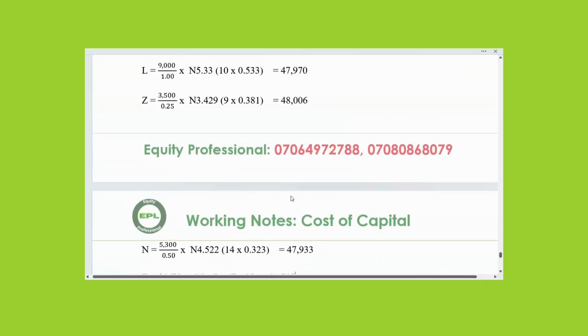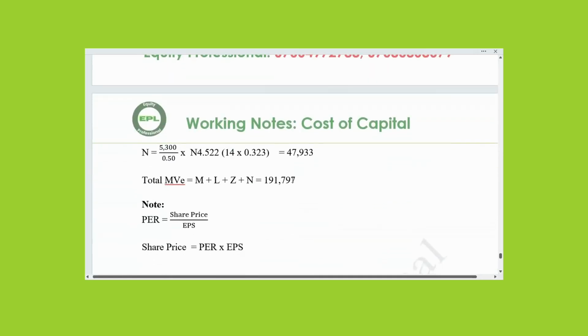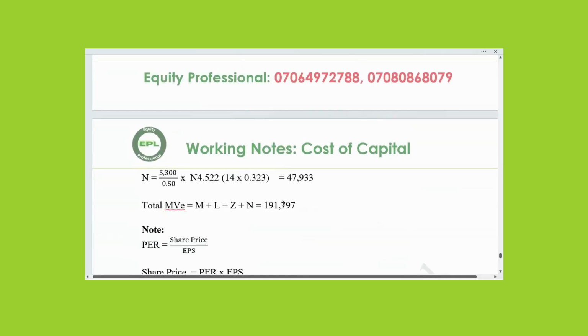No, that's not correct. The last one here, this one is 6, this one is 3. 191,909, okay.